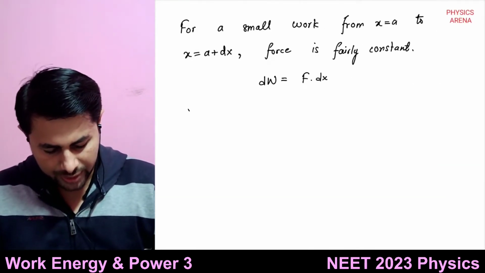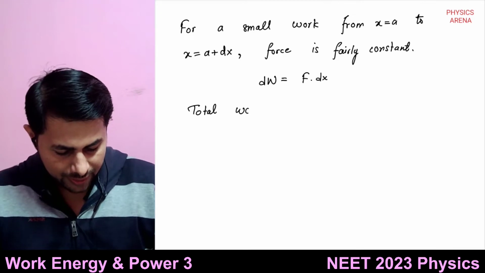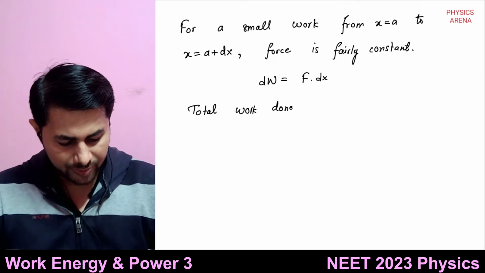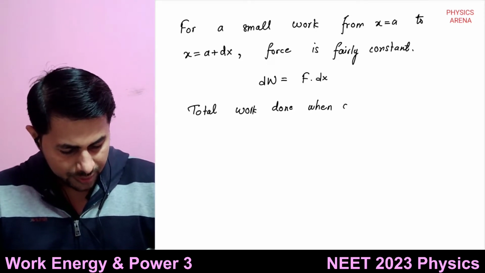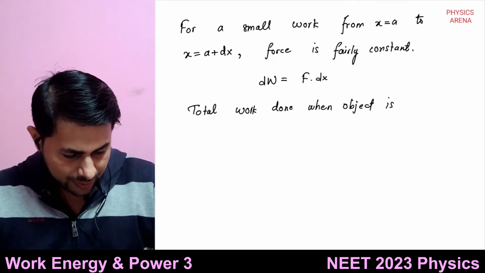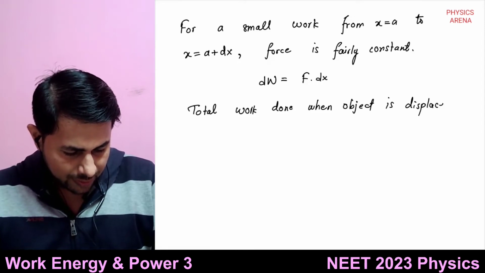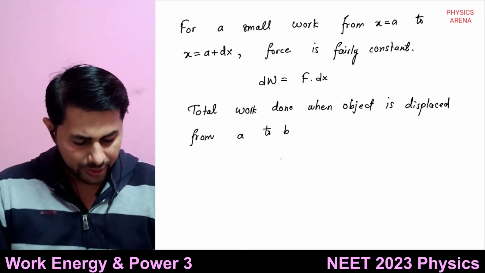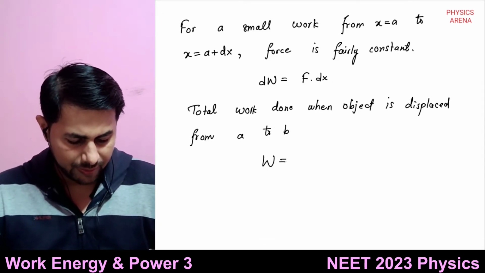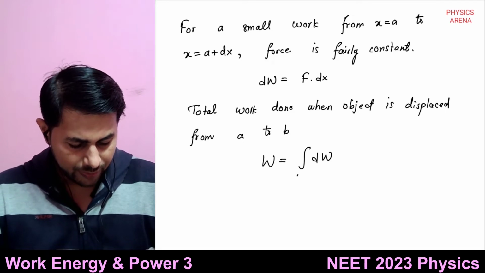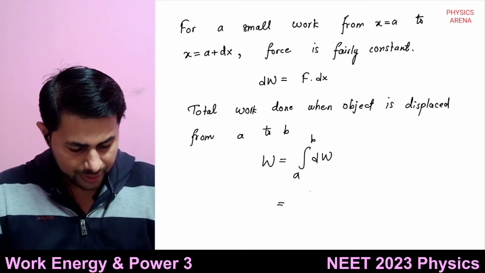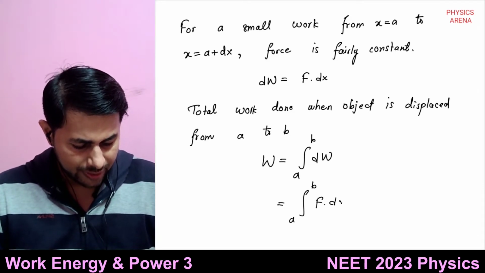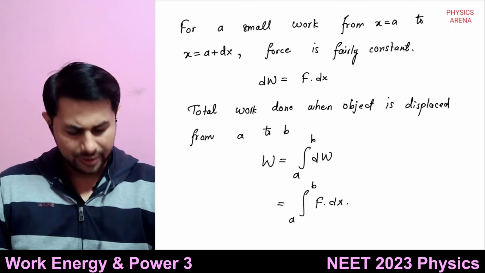So the total work done when the object is displaced from a to b will be, let's say it is W, the integral of dW from a to b. So it is equal to the integral from a to b of F dot dx.